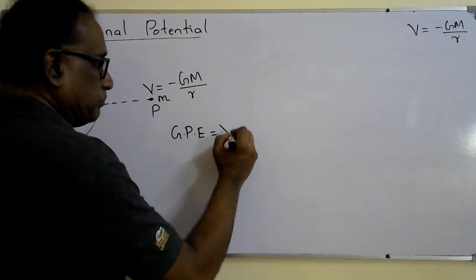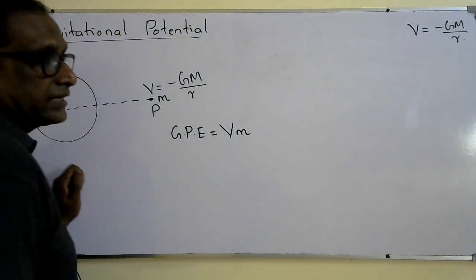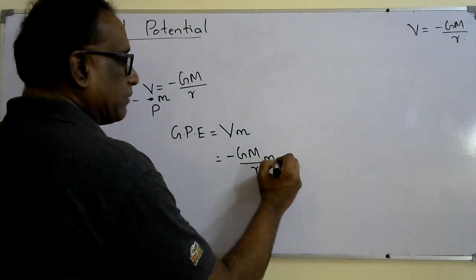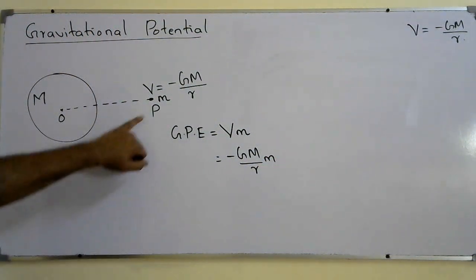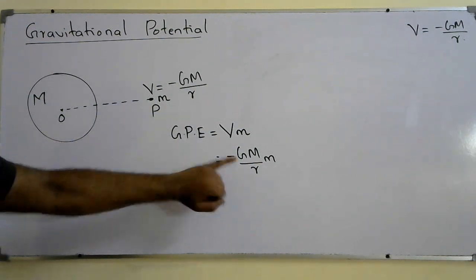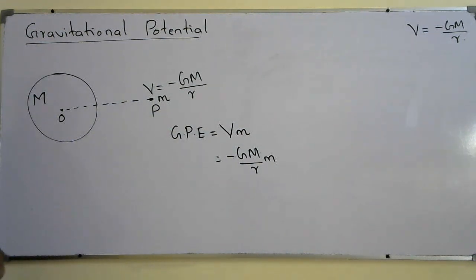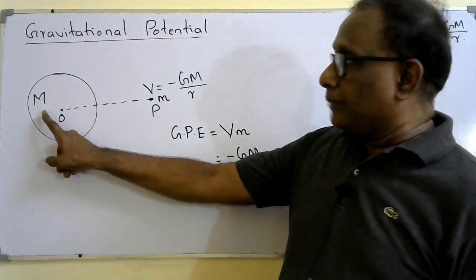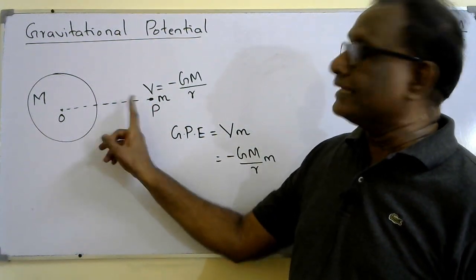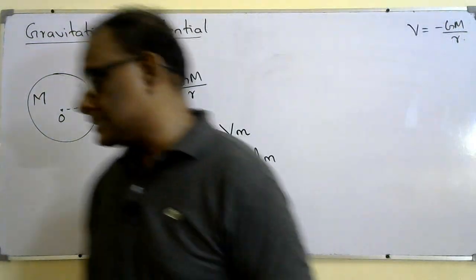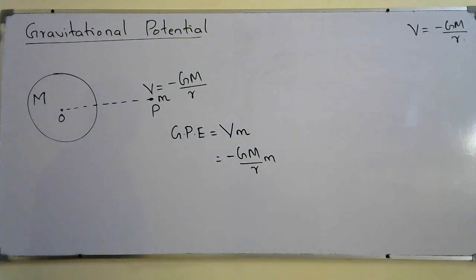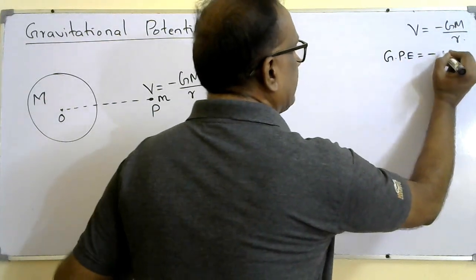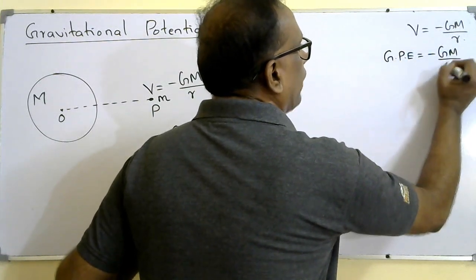So it is minus GM over r into m. So the gravitational potential energy of the mass is always negative. The reason here also is that when the distance of the mass m from the massive mass M decreases, its gravitational potential energy will decrease. That's the reason it is given by a negative quantity. So the gravitational potential energy is given by minus GMm over r, that is, V, gravitational potential, times mass.